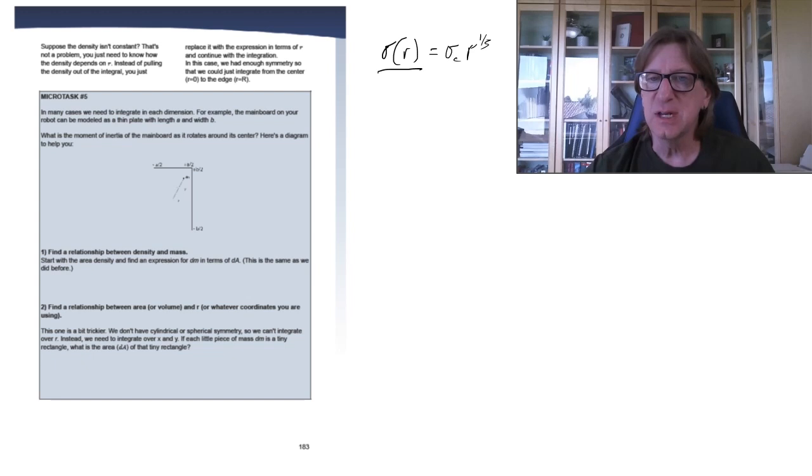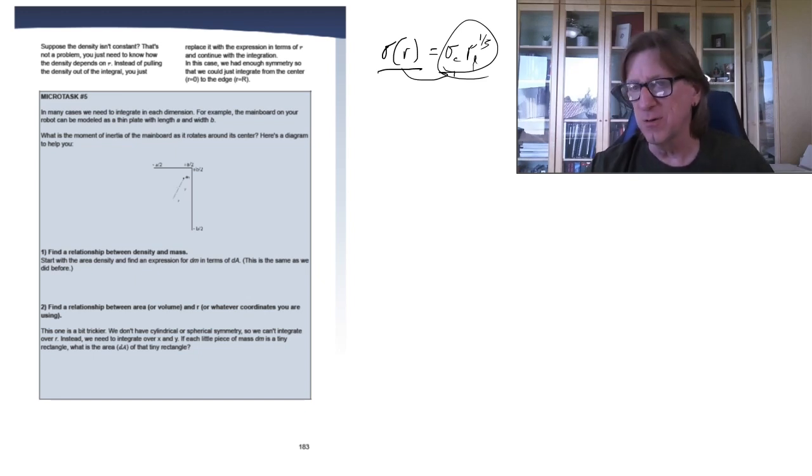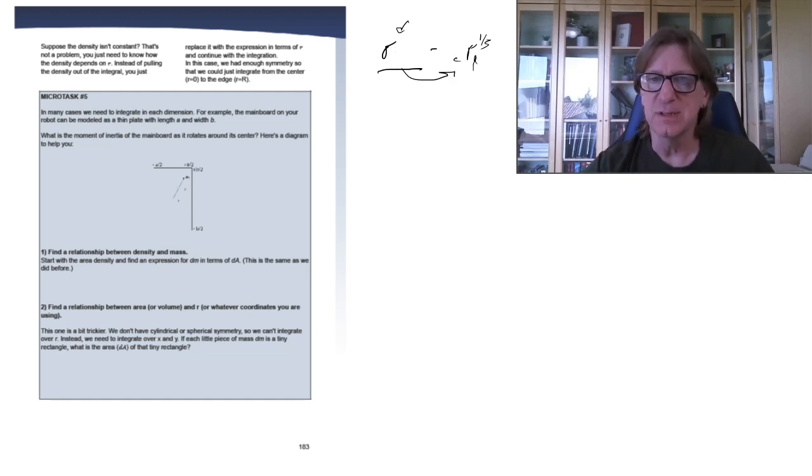Instead of pulling this out, I'm just going to substitute that whole thing in there. I'll pull out my sigma c, and I'll just have this extra r to the 1/3 inside my integral. So there's no real difference with that. If I give you a surface density that varies with r, it shouldn't slow you down at all. You just figure out, instead of pulling it outside, you're going to plug this into our integral.